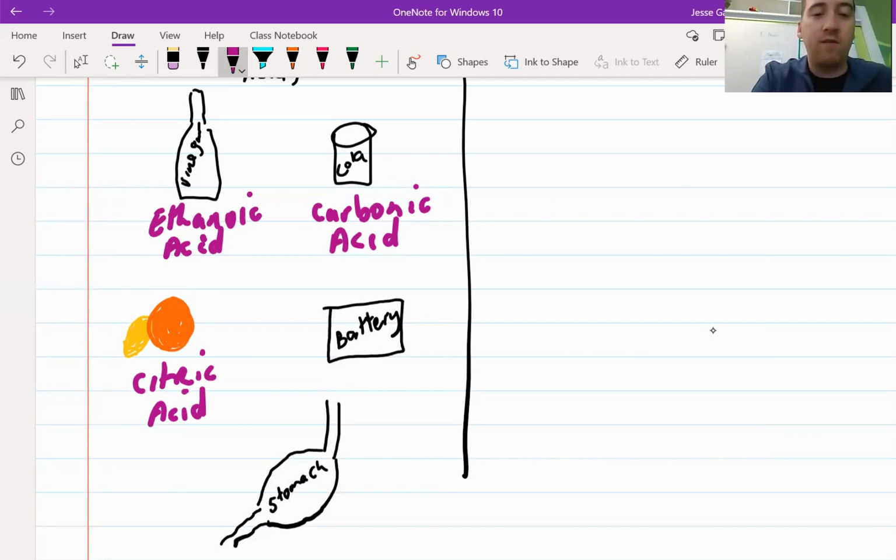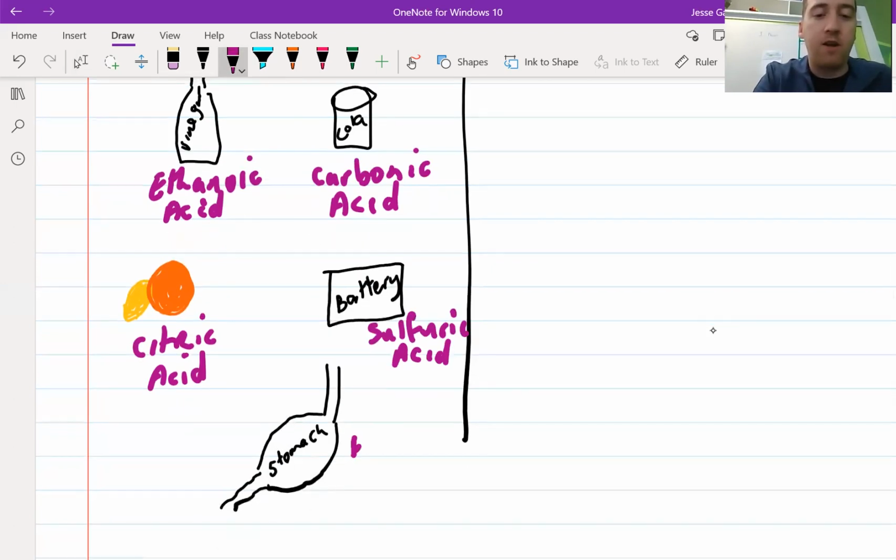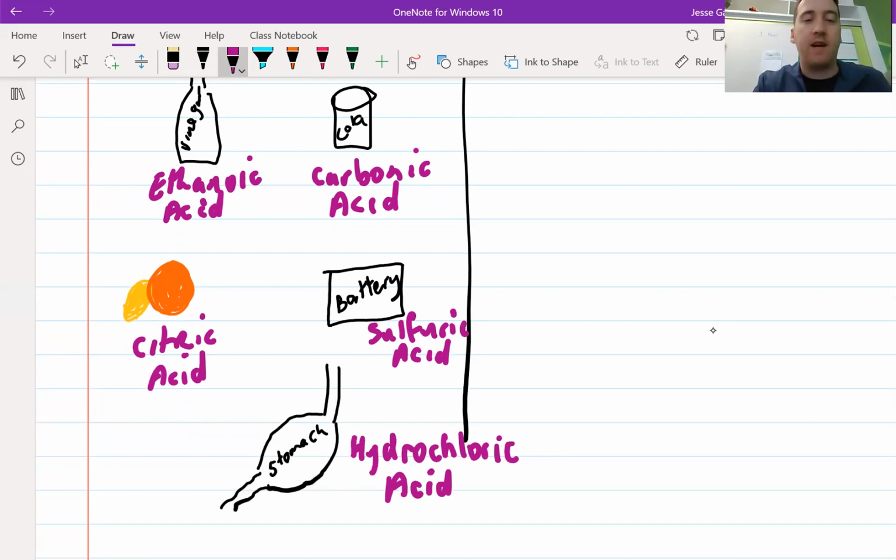Battery acid is a very strong, very corrosive acid called sulfuric acid. And in the stomach, we find a very common acid called hydrochloric acid. So these are everyday examples of acids.